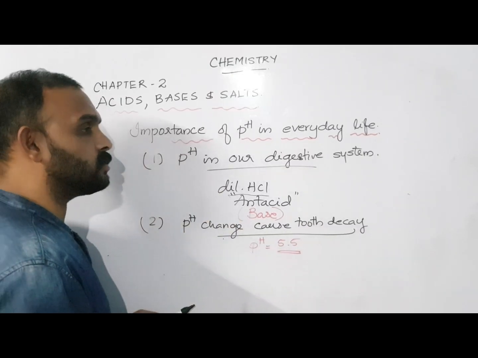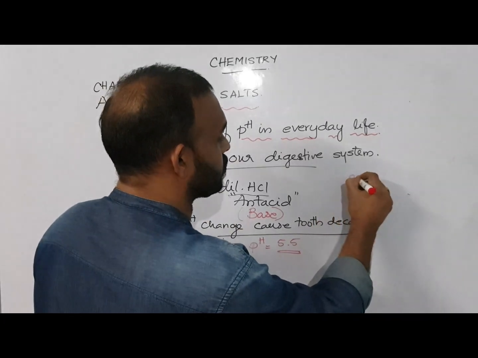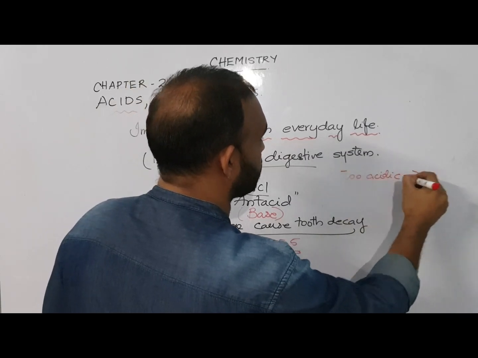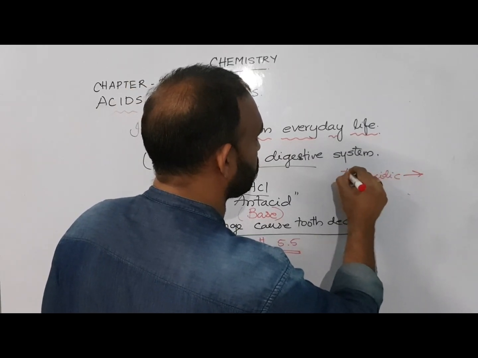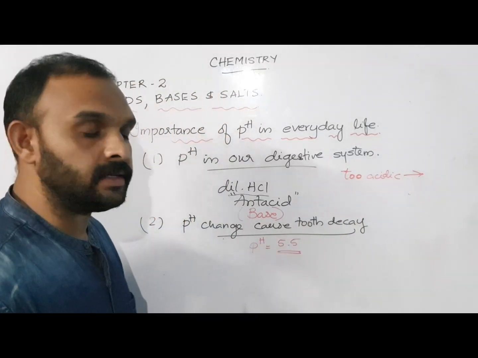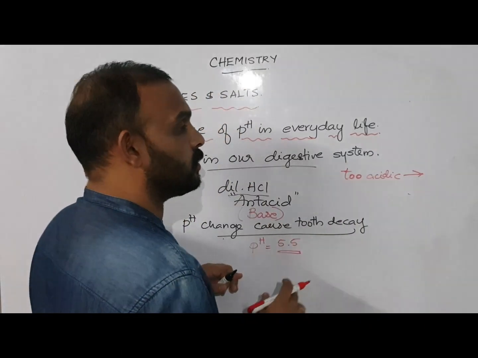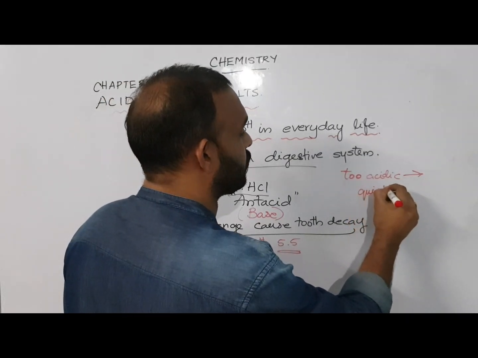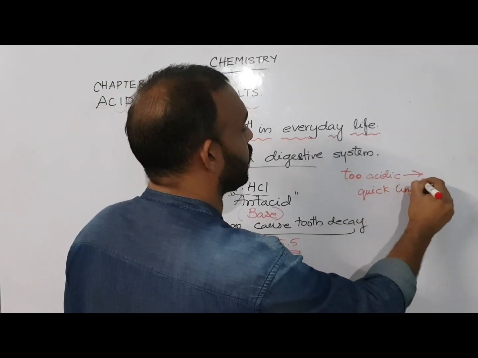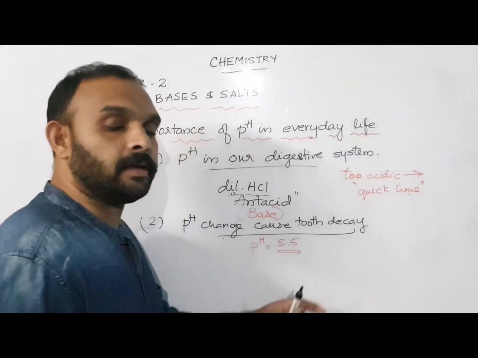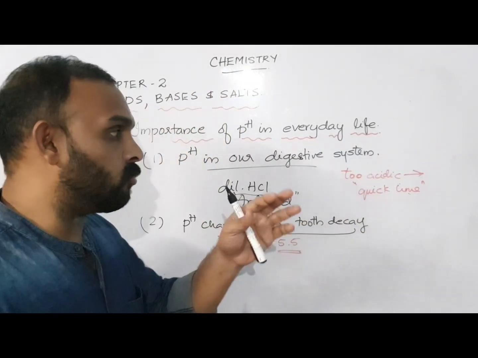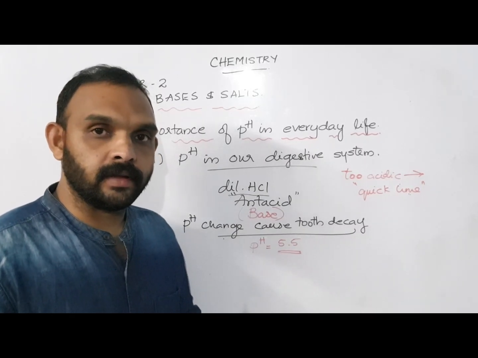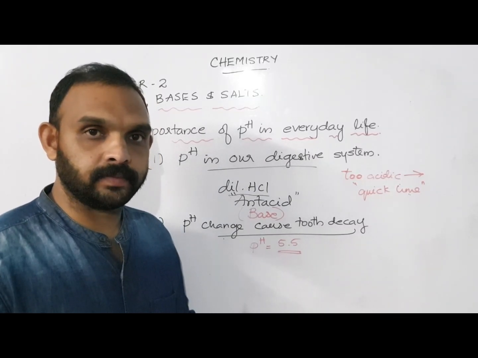Suppose the soil is too acidic, what happens? To make it good for planting, the farmers will spread some bases like quicklime on the field, so that the presence of these bases will reduce the effect of acid and the field will be ready for another cultivation.